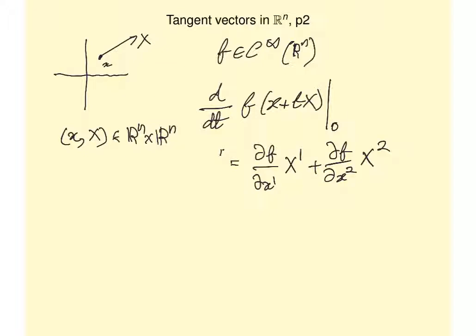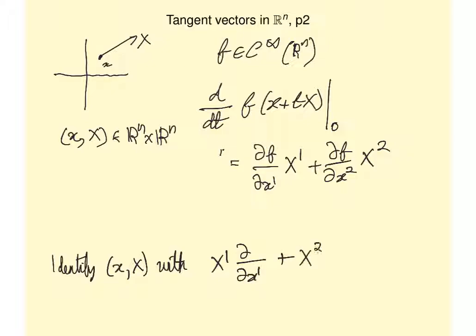Now, if I remove the f from that equation, then what I've got is an identification of my bound vector with capital X1 partial little x1 plus capital X2 partial little x2.